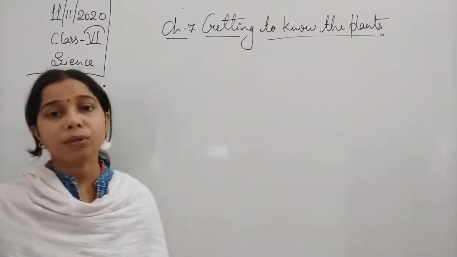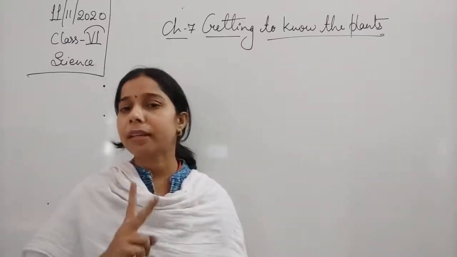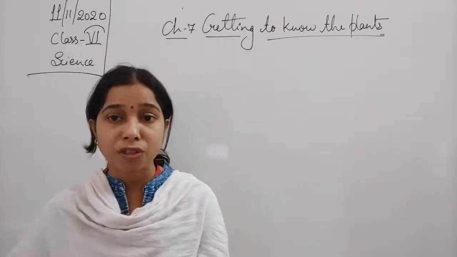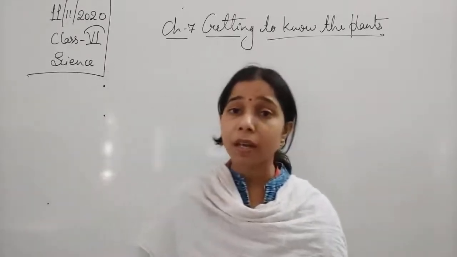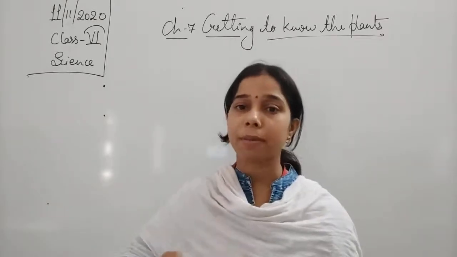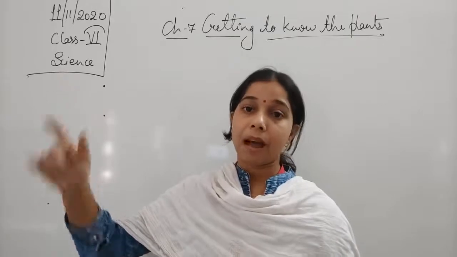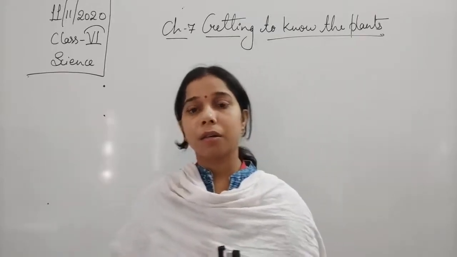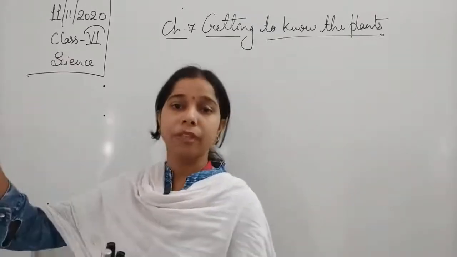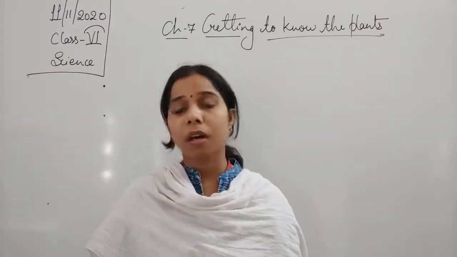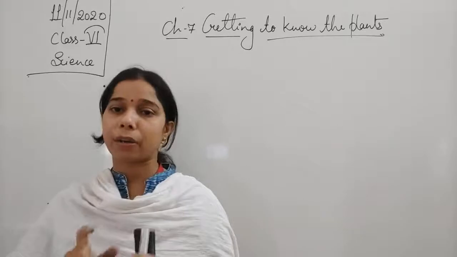If we talk about the stem, students, basically there are two types of tubes that we understood with the help of the functions themselves. One tube carries the water and minerals from the roots to the leaves, and one tube carries the food from the leaves to the different parts of the plant.